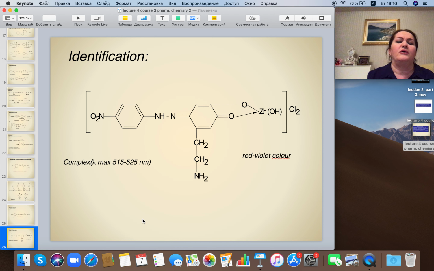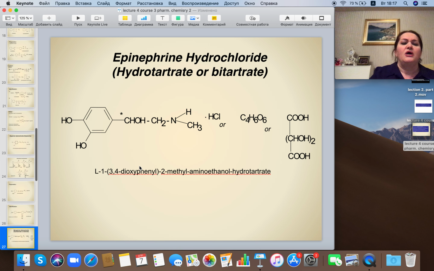and after the first reaction with ferric chloride, there is another identification reaction where this preparation takes part as one component, and we take as the other component a different preparation which has primary aromatic amines, at the end of the reaction forming a dye, and this dye with zirconium chloride oxide forms a complex which has a red-violet color, and lambda maximum of this complex is 515-525 nanometers in the second reaction for these preparations.